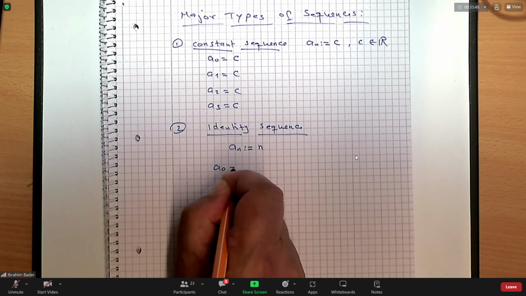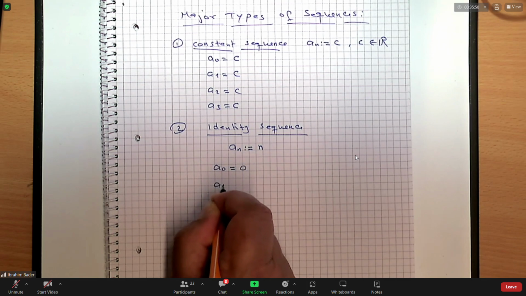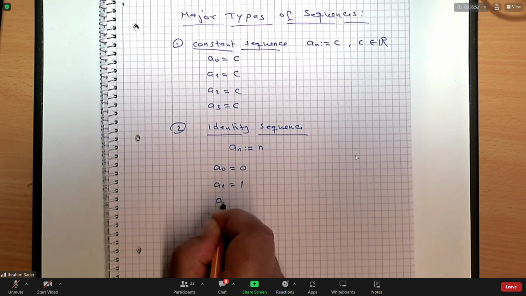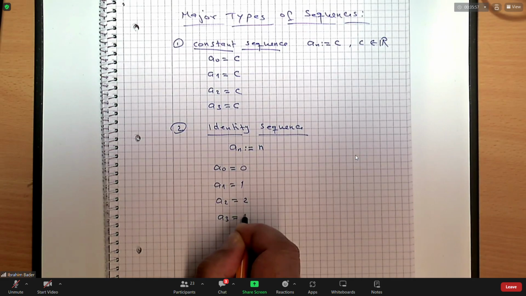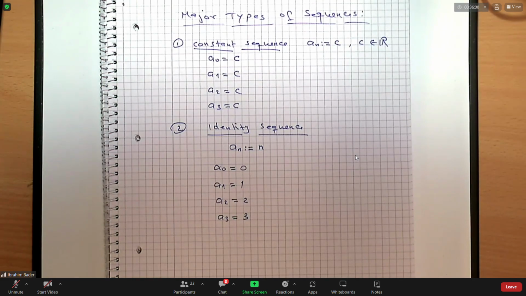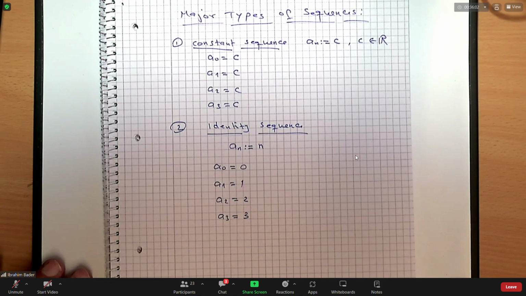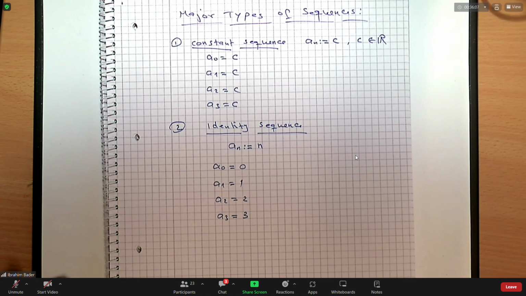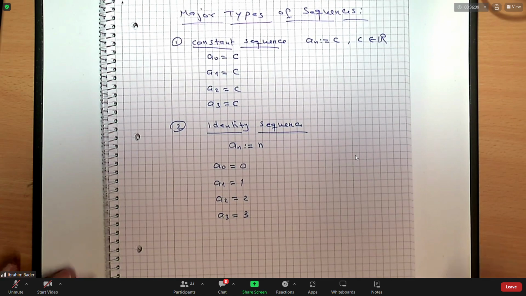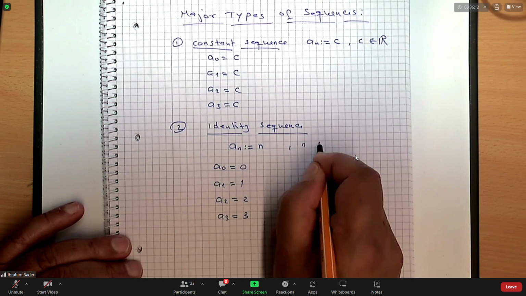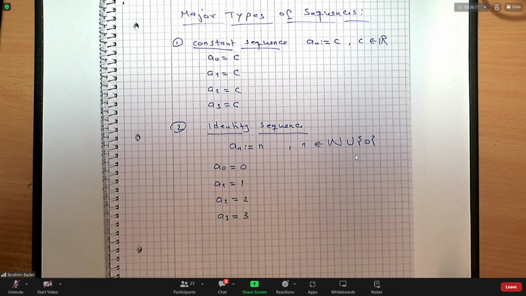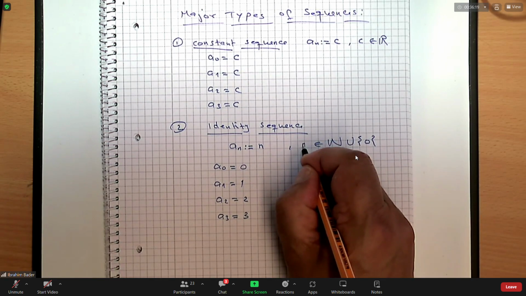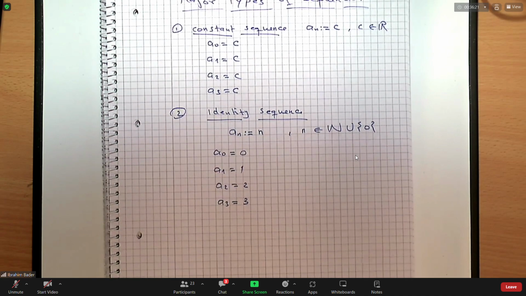A sub 0 is 0. So you see here, the fourth element is a sub 3, sorry, because we started with 0. And here, of course, n is a natural number, or could be 0. And again, if we define this as 1, then we start at 1.